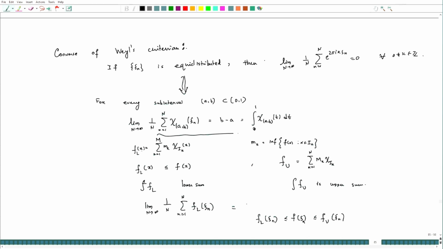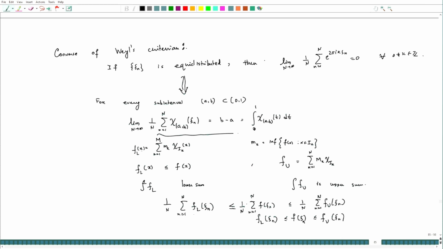Hence, taking the limit, the sum of f l is less than or equal to 1 by n times the sum of f of xi n, which is less than or equal to 1 by n times the sum of f u of xi n.